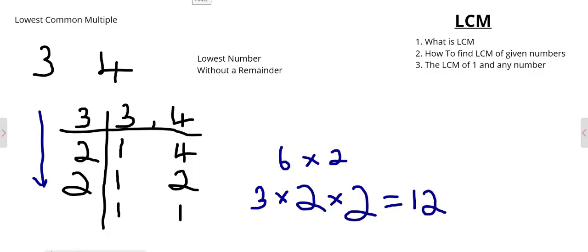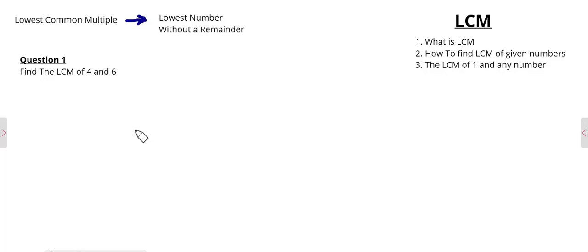So let's see another example. We have this question which says, find the LCM of 4 and 6. Remember, LCM stands for lowest common multiple, and when we're talking about LCM, we're looking at the lowest number that can be divided by the given numbers without a remainder.